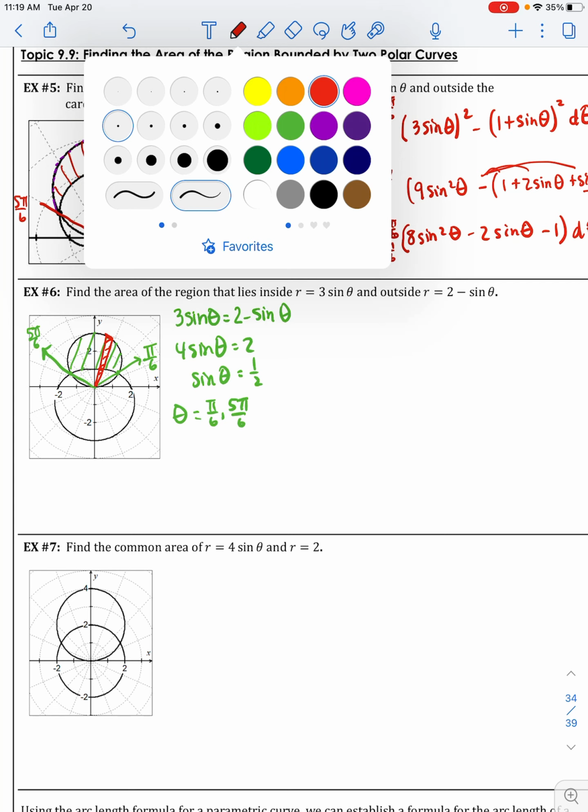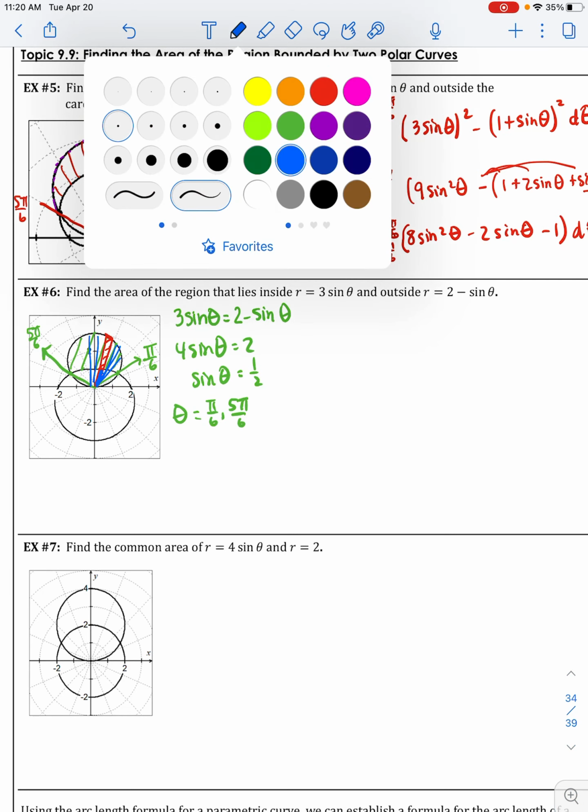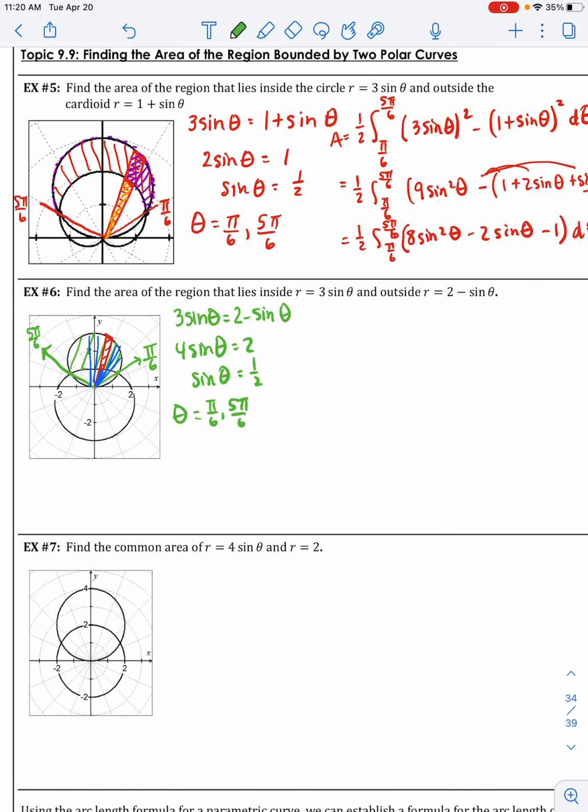Because when you subtract off that 2 minus sine theta, how about blue? If we subtract off this part, the blue part, you're left with what we're looking for. And we're basically just going to add them all up, okay?